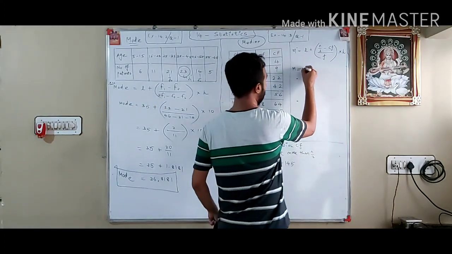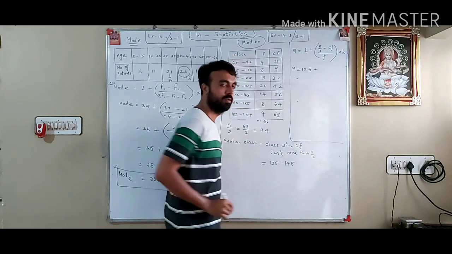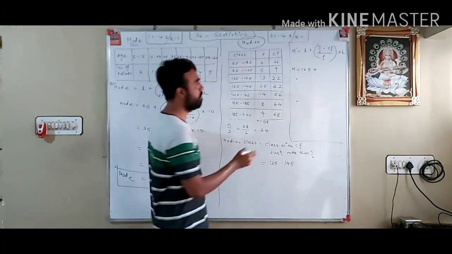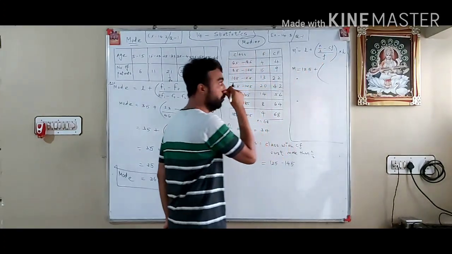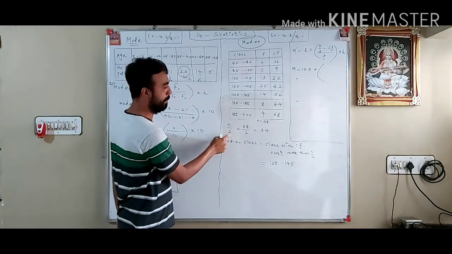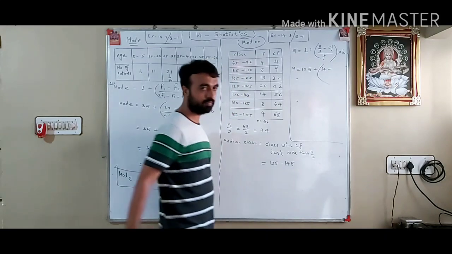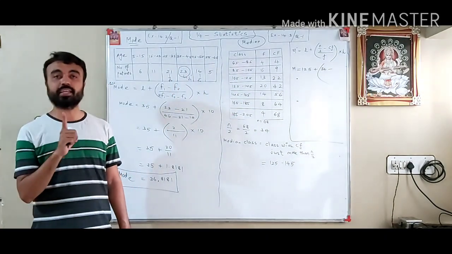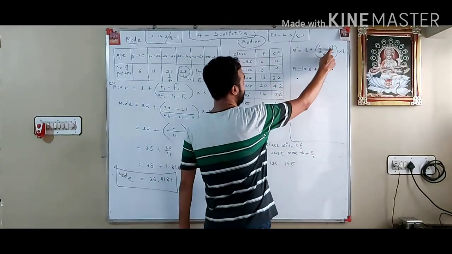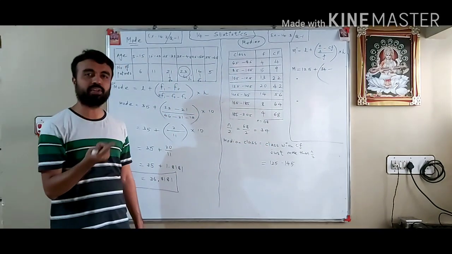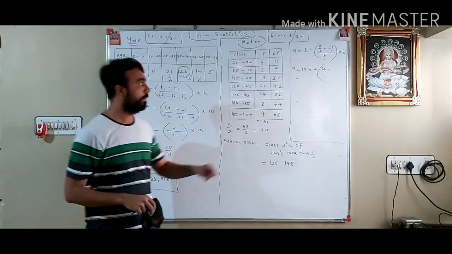So lower limit is 125 plus bracket n by 2. We have already found it out, n by 2 is 34. So I am writing 34. Minus, be careful, CF. I told you earlier, again I am telling you, what is CF?